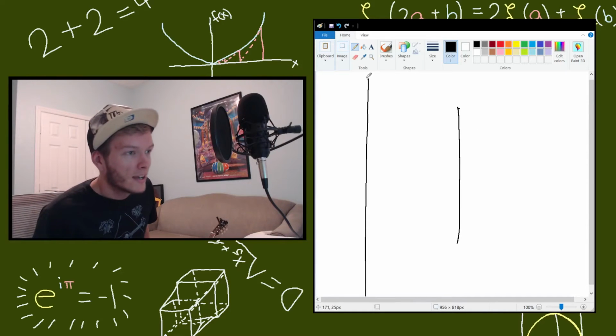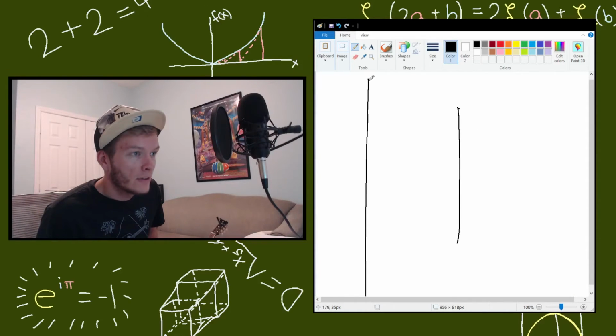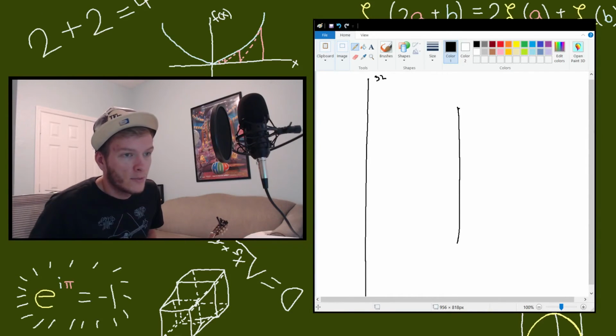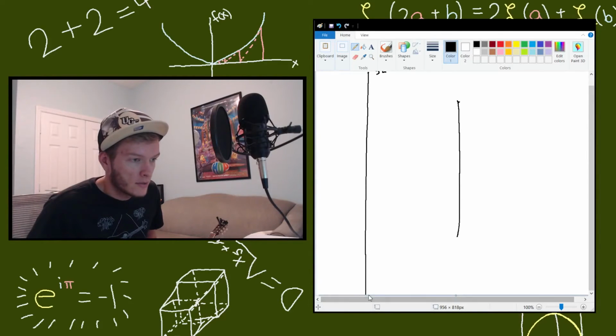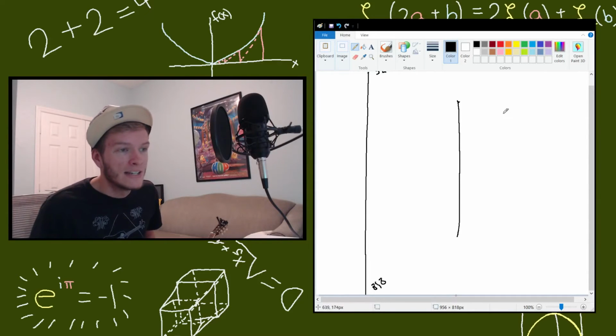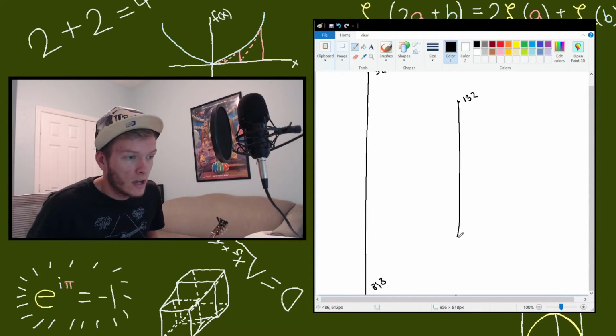So if we take this y value, which is 32, and we go down and take this y value, which at the moment is 818, and we'll take this y value, and that's going to be 132, and we'll take this y value, and that's going to be 610 about.